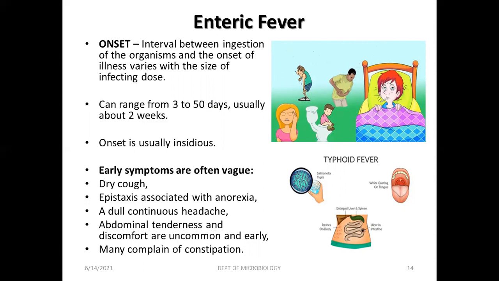All that depends upon the size of the infecting dose, and onset depends upon that. Onset can range from 3 days to 50 days, and usually it takes about 2 weeks for the signs and symptoms to appear.